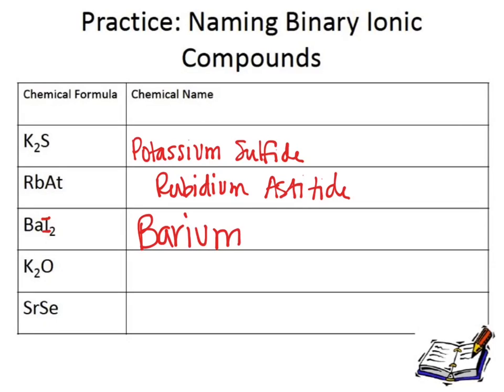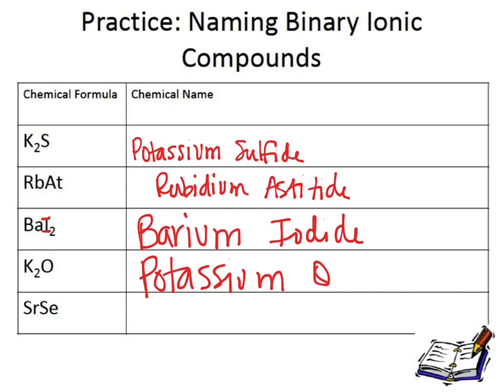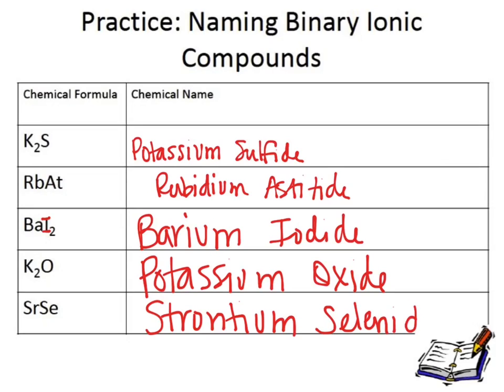Barium iodide. K2O. Potassium oxide. And SrSe. Strontium selenide. Okay? Are there any questions on how to do that?